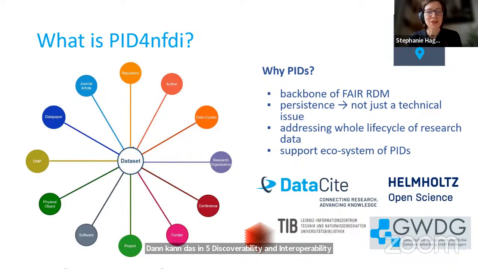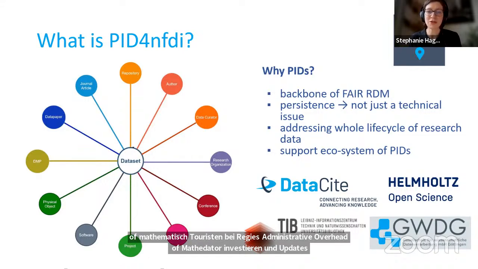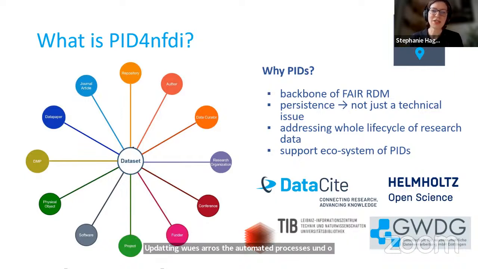They reduce administrative overhead of metadata ingestion and updating, reduce errors through automated processes, and also support validation processes, and create links between research resources and provide context information about them. So it's an opportunity to build a PID-based ecosystem of open metadata and research resources and entities to enable findability and reuse of research data in the end.